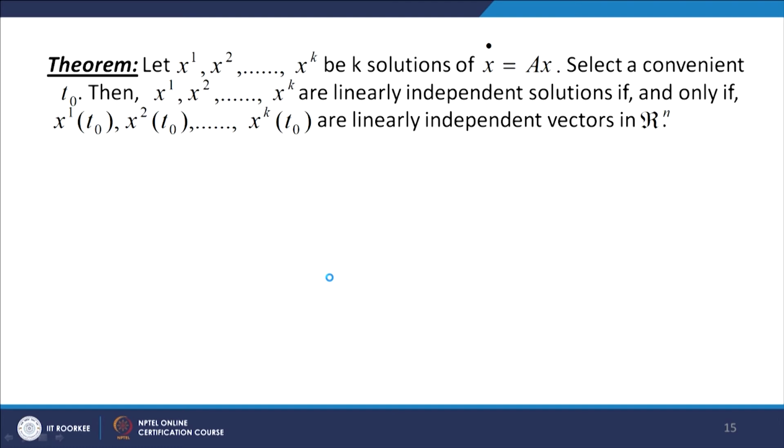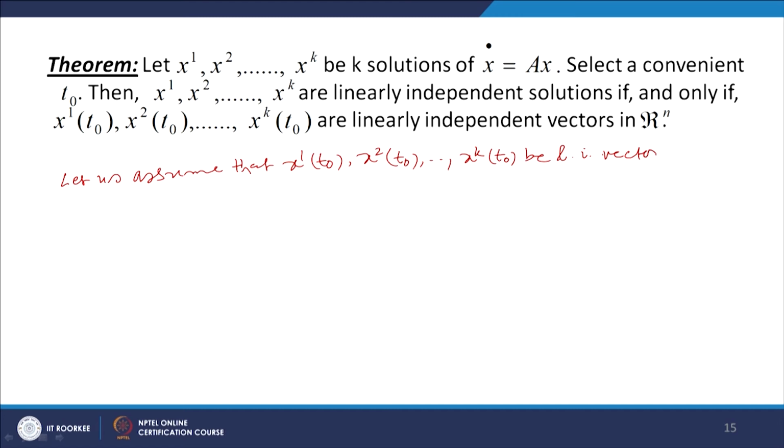So, let us assume that x1(t naught), x2(t naught), and so on xk(t naught) be linearly independent vectors in Rn.